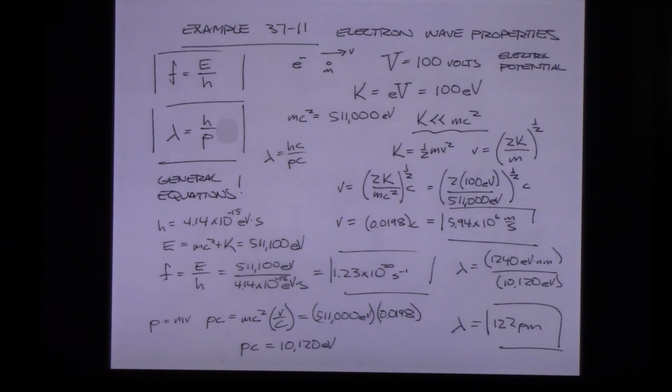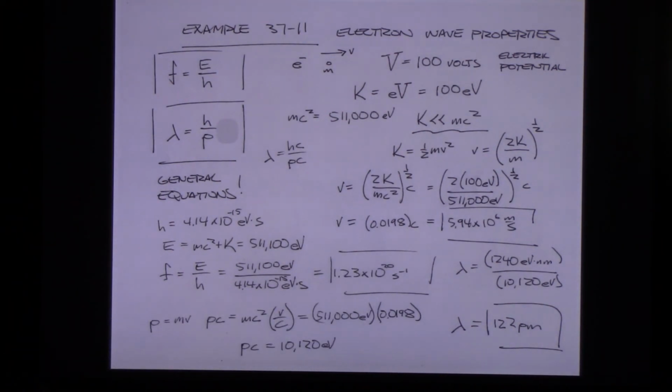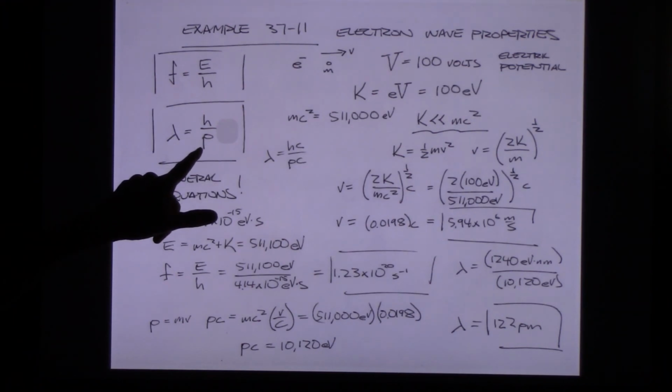It means that if I pick a location in space and ask how rapidly the phase of the electron is changing, it's going through 1.2 times 10 to the 20 cycles every second, which again is an enormous number. For wavelength, what we want is Planck's constant over p.